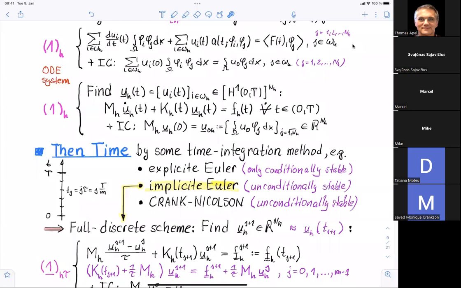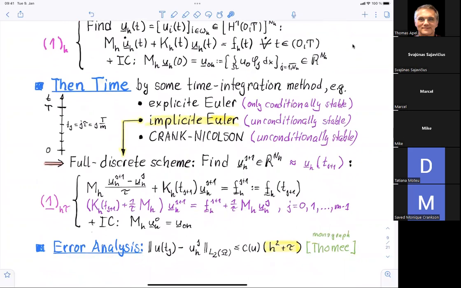So explicit Euler is only conditionally stable. Unconditionally stable methods are implicit Euler and Crank-Nicolson. For instance, with implicit Euler, formally I get the same as before. So we have to solve the system again, as you see.